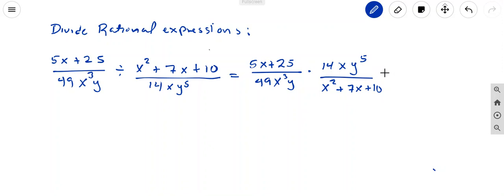Now it's time to factor. Factoring 5x plus 25, we have a common factor 5. We factor 5 out. The expression below, 49x to the third y, is a monomial, so it's going to stay like that.